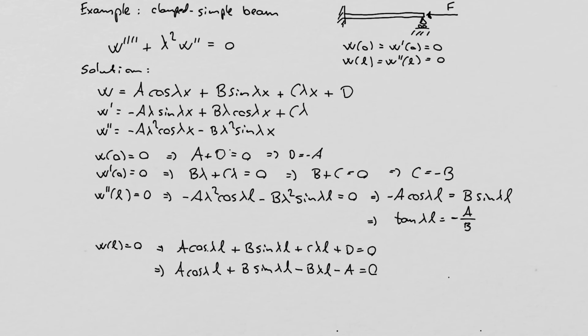Now we can collect the terms. So terms of A, we get cosine lambda L minus 1, A. And then collecting terms of B, sine lambda L minus lambda L, B equal to 0.